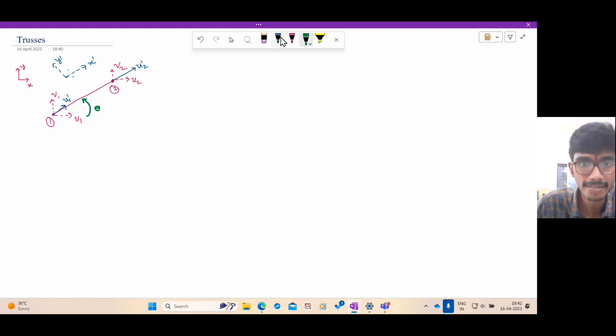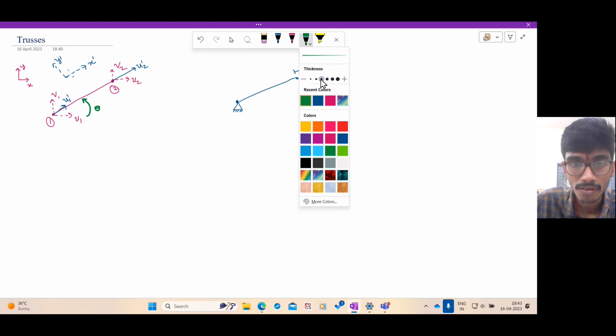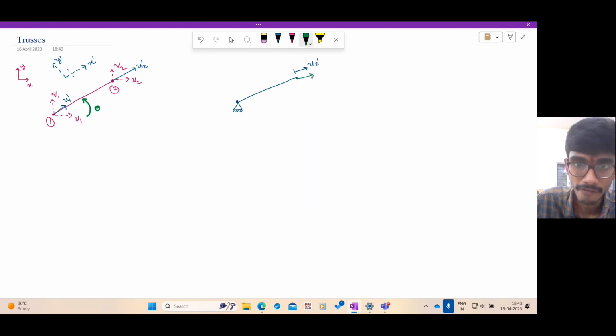So in such a setting, let us write down the force displacement relations in the local coordinate system. How do we do it? Let us use the principle of superposition. Suppose there is U1 prime and U2 prime at the same time. So let us first arrest U1 and apply a U2 prime using a force F2.